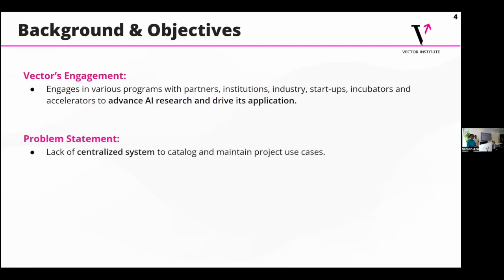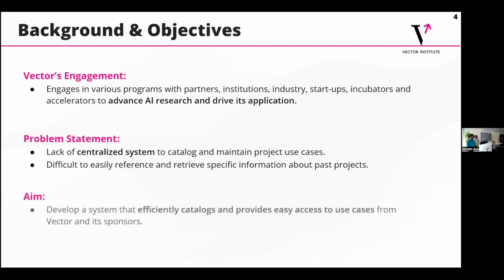There is a lack of a centralized system in order to catalog and maintain many of our use cases. And there's also a difficulty in referencing some of these use cases relating to past projects and also past programs. So what we aim to do is to create a system that effectively catalogs and also provides easy access for all of our use cases, as well as Vector sponsors' use cases.